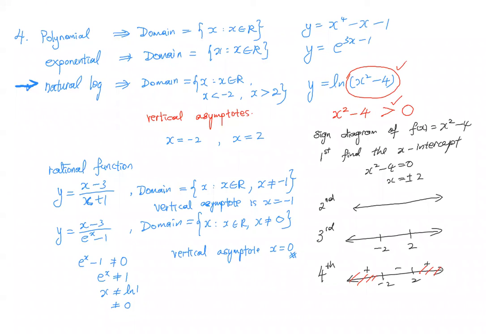So for our question 4, this is the first part we have done already. So question 4, part A: state the domain. The moment you see it, usually my habit is like this. If I have the paper, then I won't write down the function because the function is there. The function is y equal to ln(x squared minus 4).